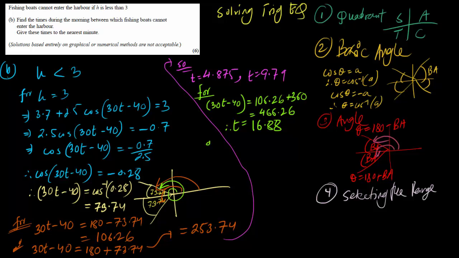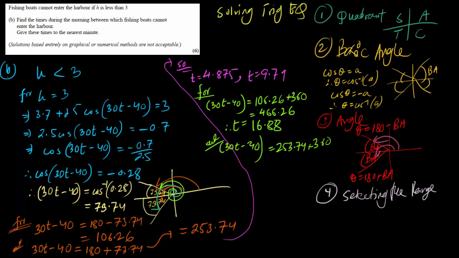And the next thing we can do is we can take the second value and add 360 to it. So that would be 253.74 plus 360. Starting from here, we have 360 degrees and then we have this value, which is 253.74.